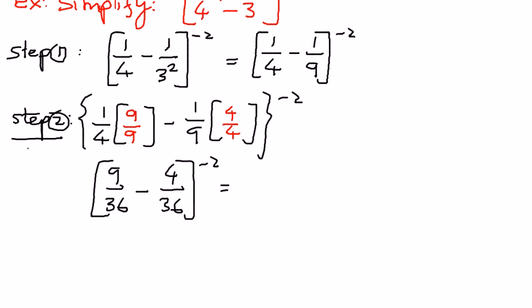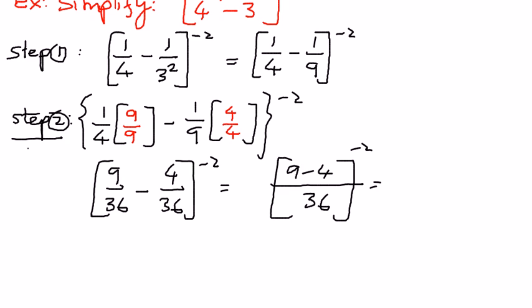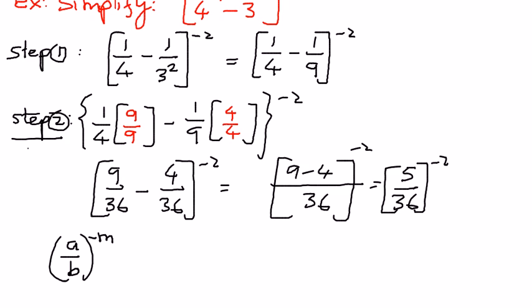So therefore, the common denominator now is 36, and then we need to simplify the numerator part. When we simplify the numerator part, we have 9 minus 4, which is 5, divided by 36, and this whole thing is raised to the power of negative 2. We know from the laws of exponents that if we have a over b, and this is raised to a negative exponent, we can rewrite this as b over a, this whole thing raised to the power of positive m.